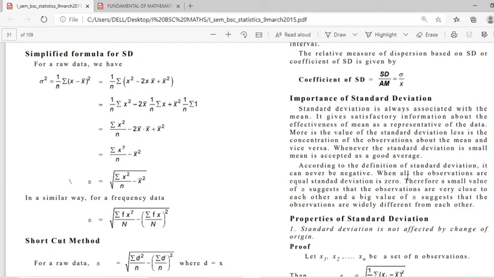According to the definition of standard deviation, it cannot be negative because it is a square. Add the squared observations, take the sum, and then divide by n, so it will always be positive. Moreover, when we take the roots, we will consider only positive roots.